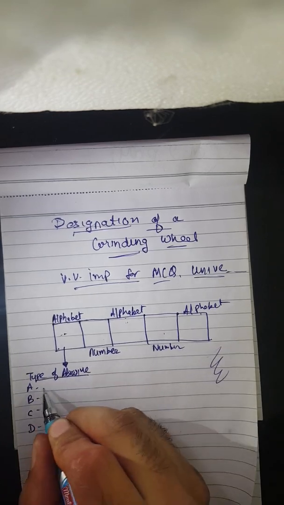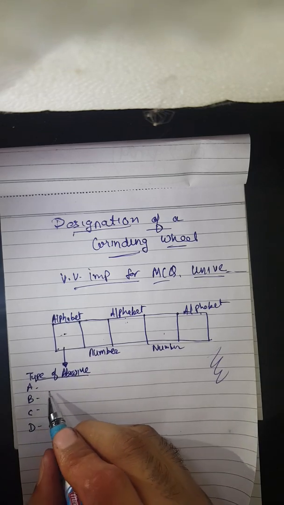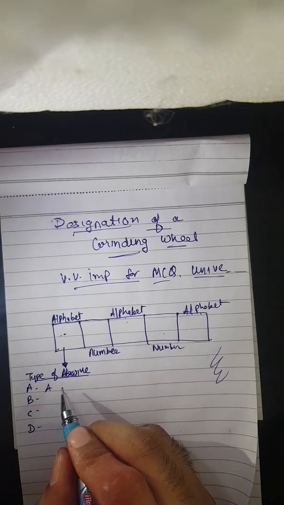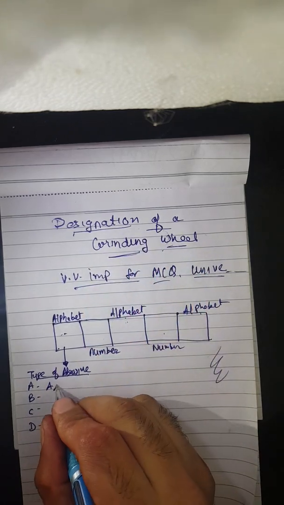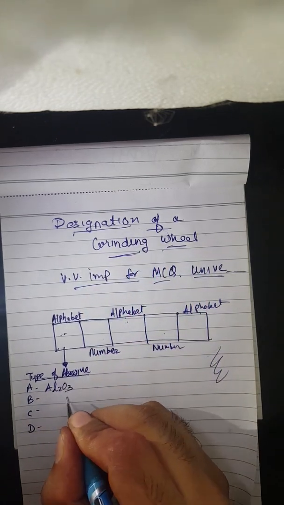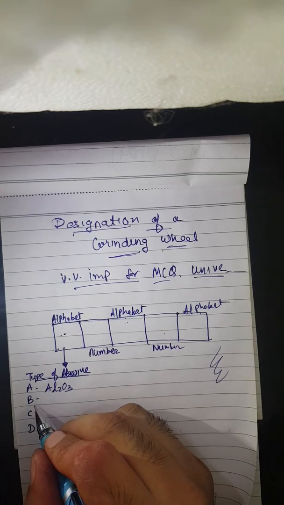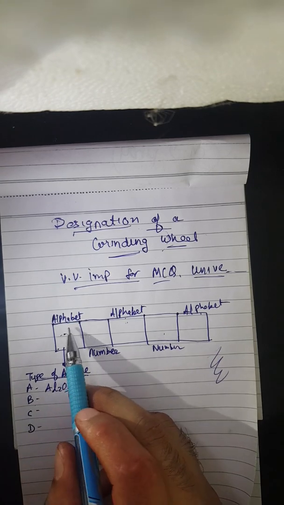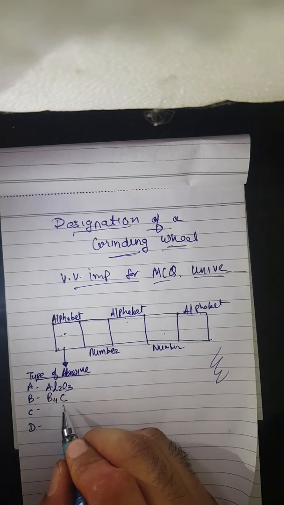Type of abrasive means if the first alphabet is A, the type of abrasive used in manufacturing the grinding wheel is Al2O3, that is aluminum oxide. If it is B, that is nothing but boron carbide.